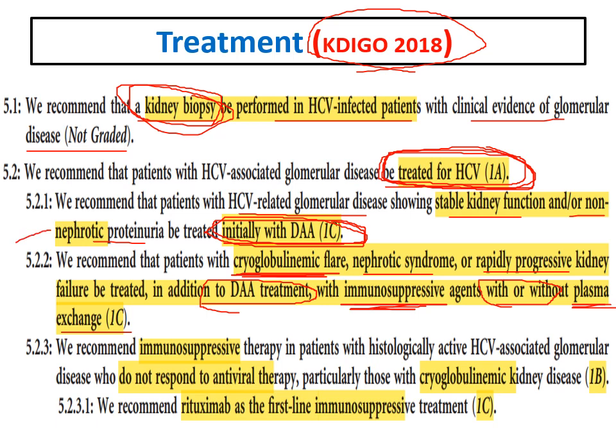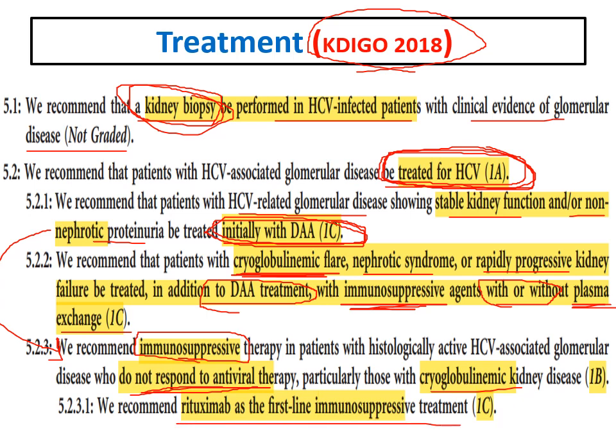In patients with glomerular disease related to hepatitis C virus who did not respond to antiviral therapy, as we said from the start, if the condition is stable, we should treat early with direct antiviral. But if there is no response to direct antiviral, especially with cryoglobulinemia, we should treat with immunosuppressive drugs.